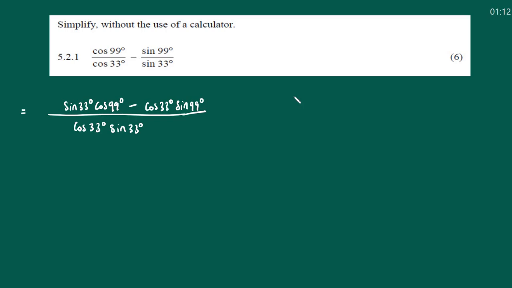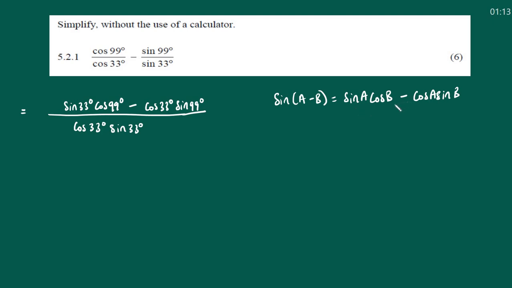The one with sine and cos should be sine, right? Sine A minus B is going to be sine A cos B, and then it doesn't change sign, it says minus cos A sine B, right? This is what we have.